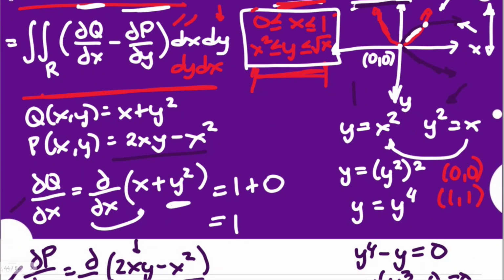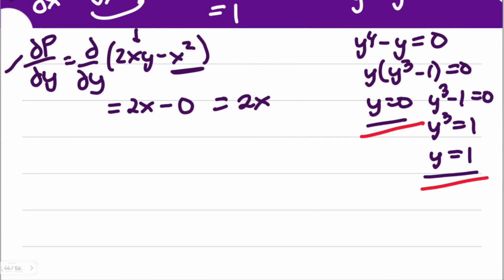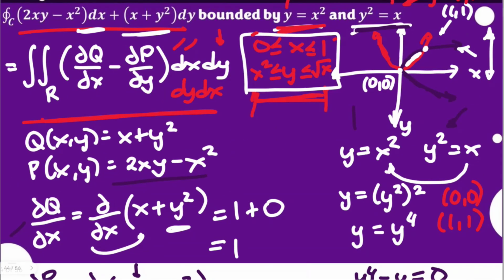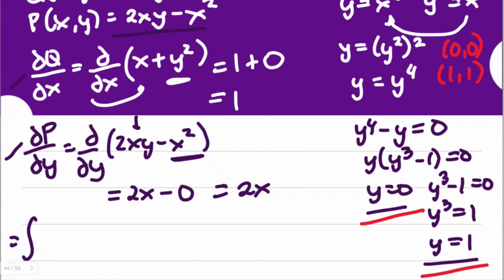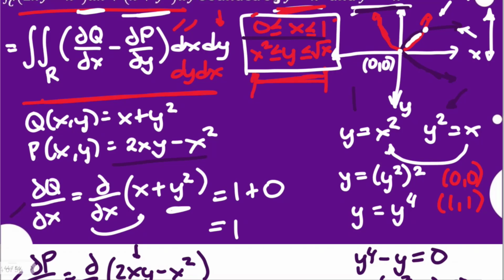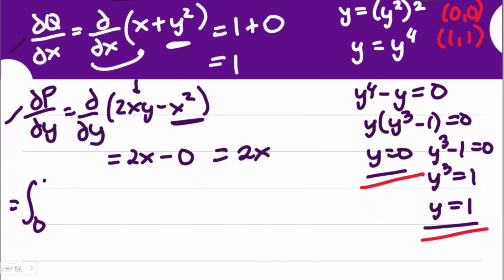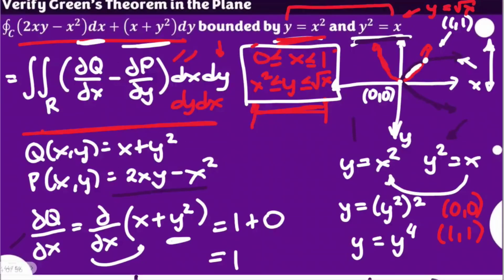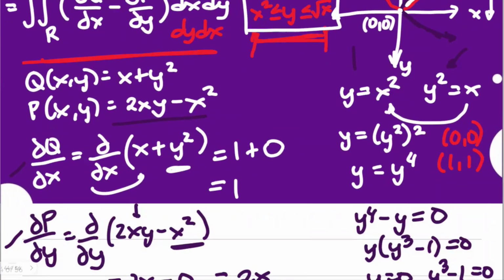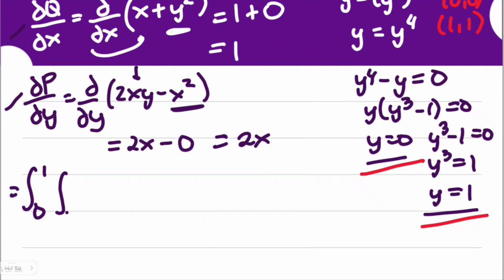And again, we'll be rewriting this in terms of dy and dx. So your double integral here will be formed as, since we'll be writing dy first, the outer boundary here would be for x. The boundary for x would be 0 and 1. But for your inner integral, the boundaries are x squared and square root of x, the lower boundary and upper boundary.